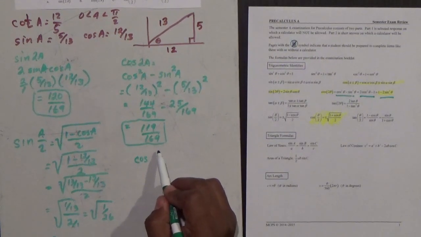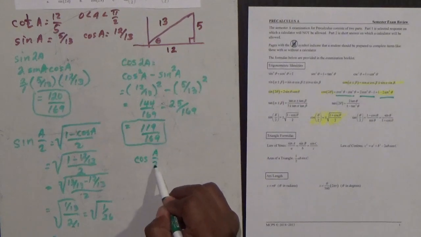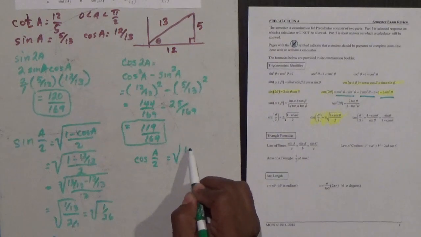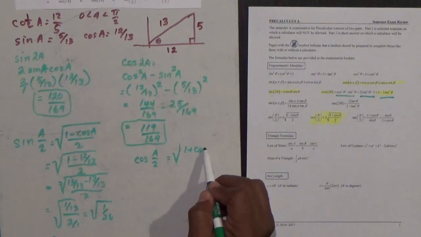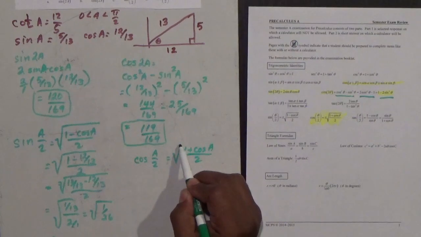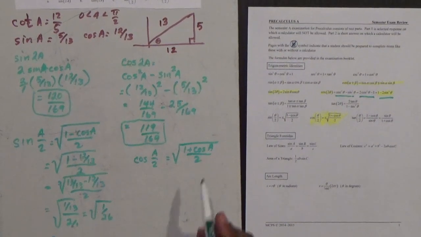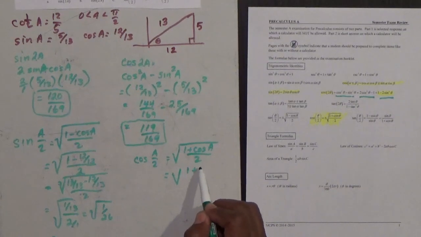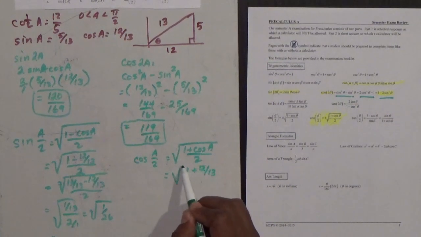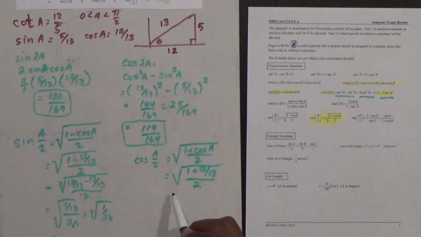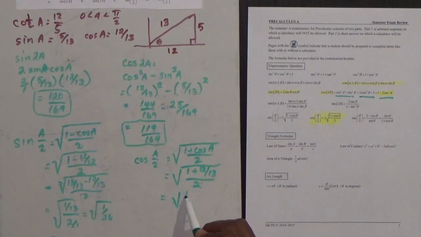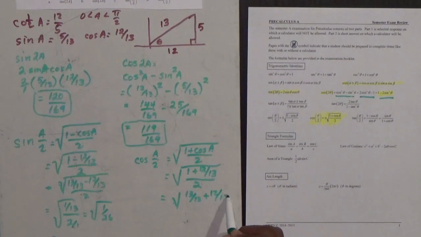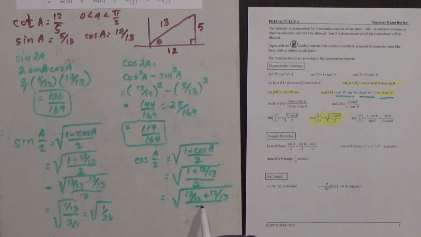Cosine A over 2. It's almost the same problem, but it's the square root of 1 plus cosine A over 2. So we should be able to do this a little bit quicker. We have the square root of 1 plus 12 over 13, all over 2, which is the square root of 13 over 13 plus 12 over 13, all over 2.